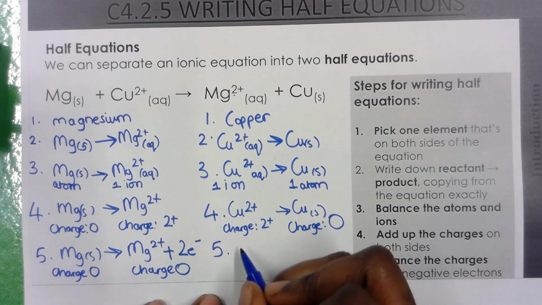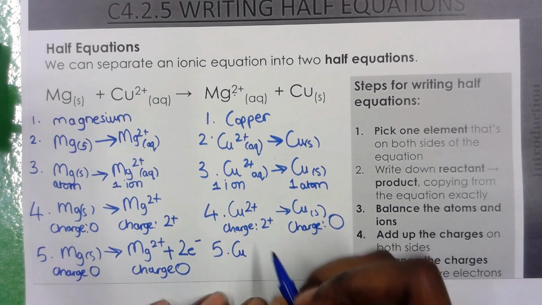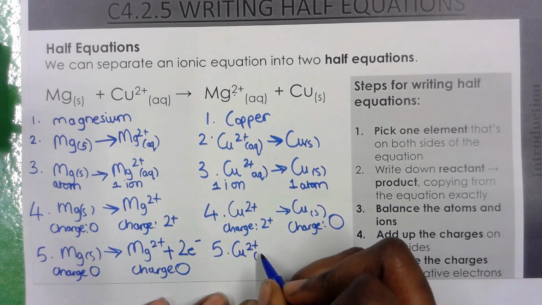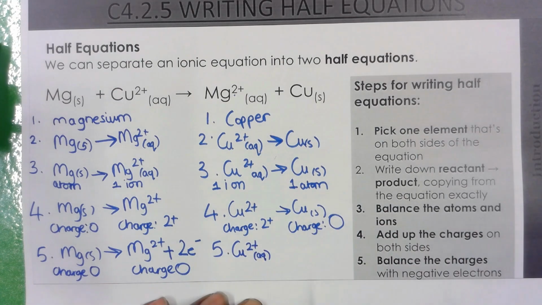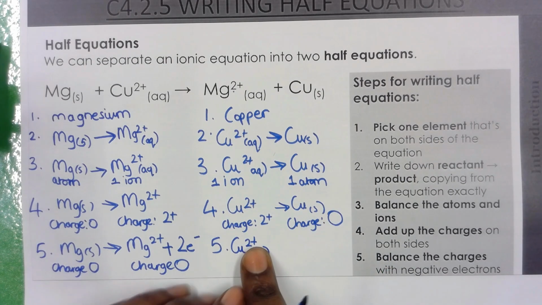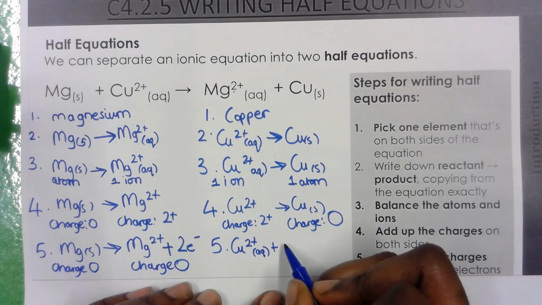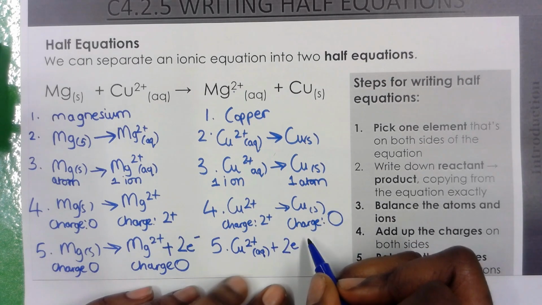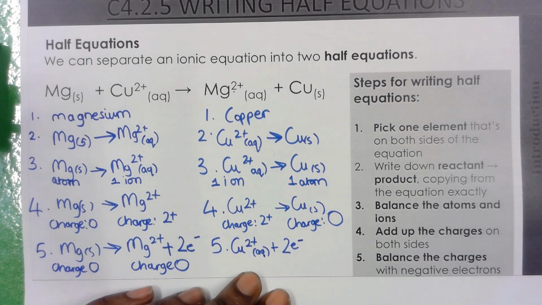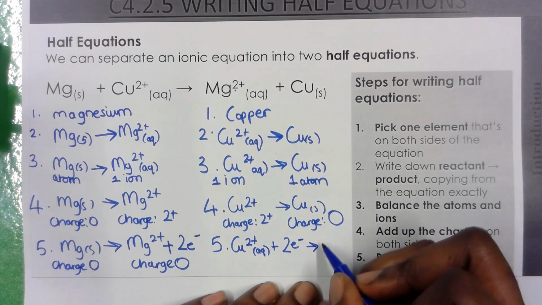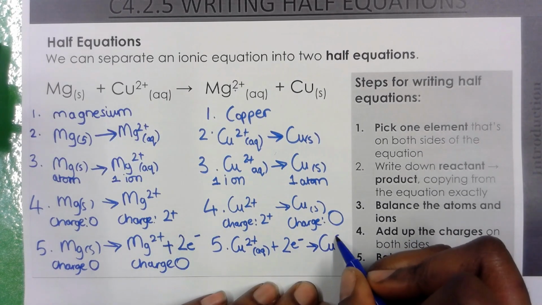So again, I'm going to put my copper to +2 charge. Now if I want this to become that atom, what does it need to do? It needs to gain those 2 electrons, those 2 negative electrons, to then become that atom.